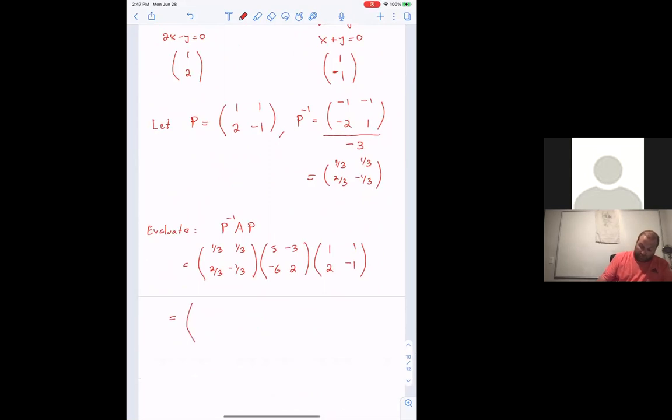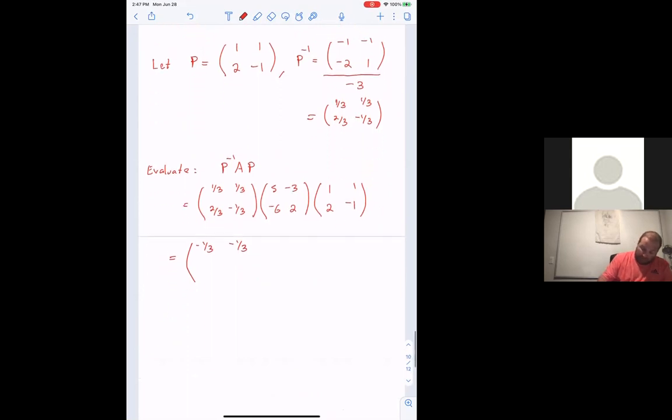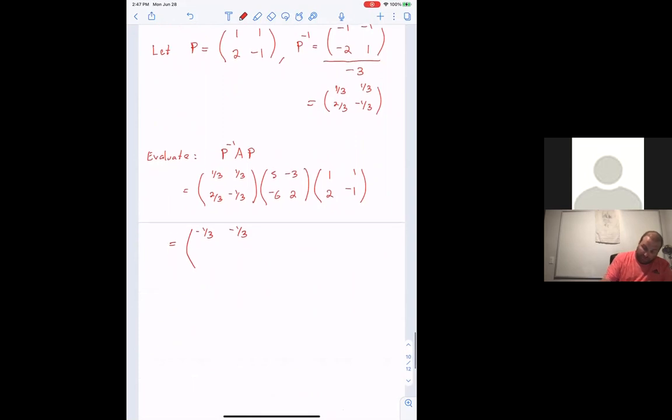So when I do the first one, I get 5/3 minus 6/3, it's negative 1/3. Negative 1 plus 2/3 is negative 1/3. 10/3 plus 6/3 is 16/3. And then negative 2 minus 2/3 should be negative 8/3.